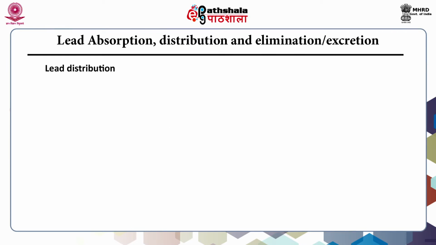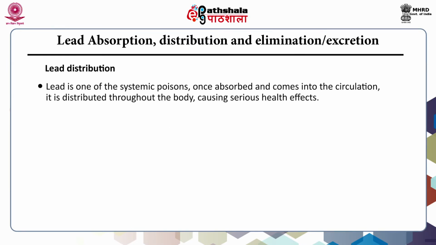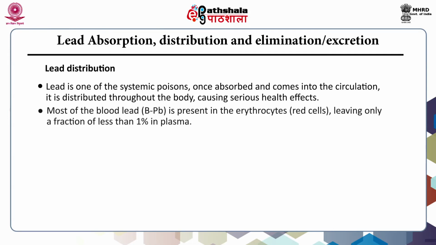Lead distribution in the body. Lead is one of the systemic poisons. Once absorbed and it comes into the circulation, it is distributed throughout the body, causing serious health effects. Most of the blood lead, written as Pb, is present in the erythrocytes, that is red cells, leaving only a fraction of less than 1% in plasma.